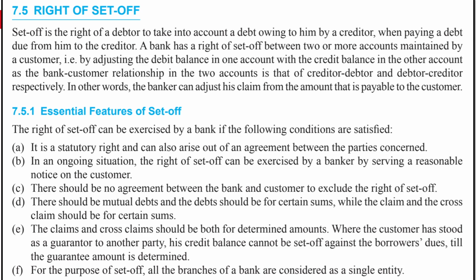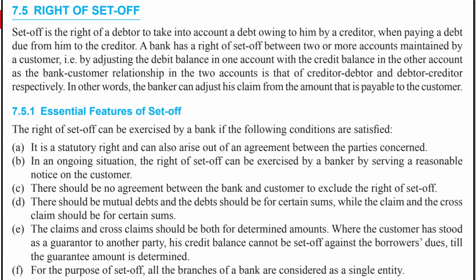So, the bank set off is a right of a debtor to take into account debt owing to him by a creditor when paying a debt due from him to the creditor. Okay, so it is a kind of right of set off between two or more accounts which are maintained by a customer, and the bank can adjust the debit balance in one account with the credit balance in another account.